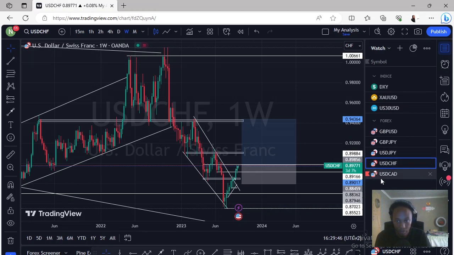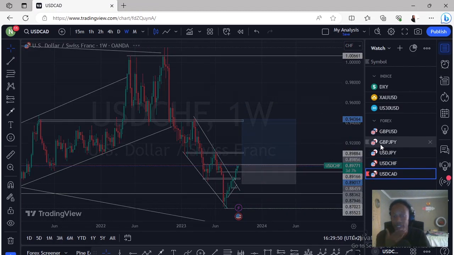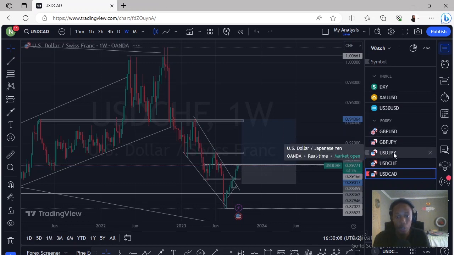Okay, then lastly we have USD CAD. I picked these forex pairs according to how I normally prioritize them.